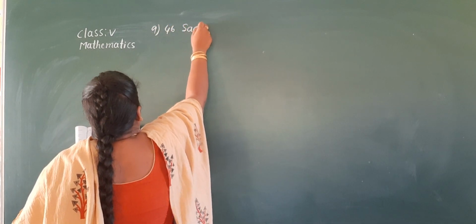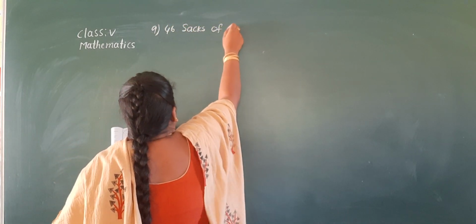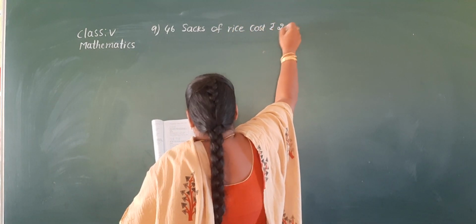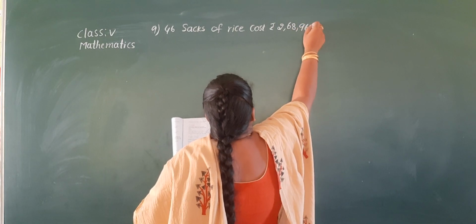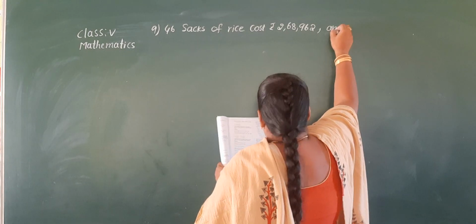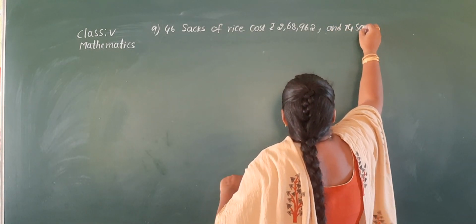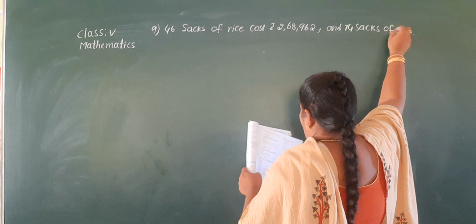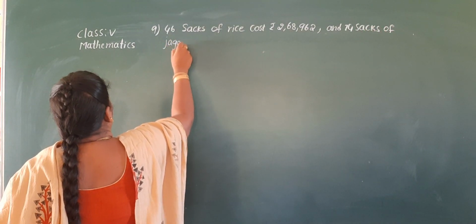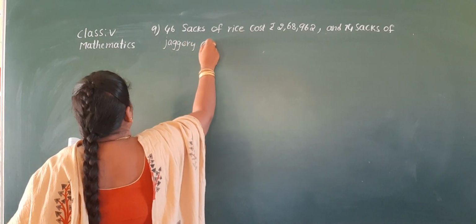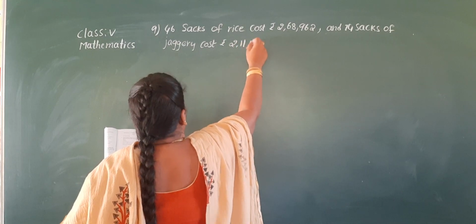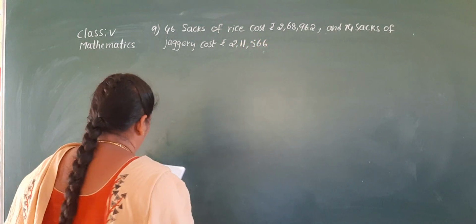46 sacks of rice cost 2,68,962 rupees, and 74 sacks of jaggery cost 2,11,566 rupees.